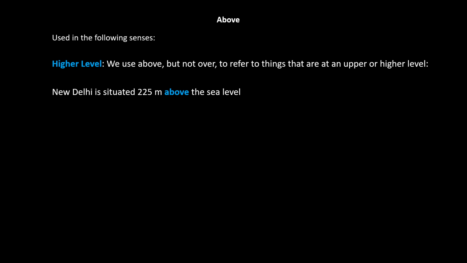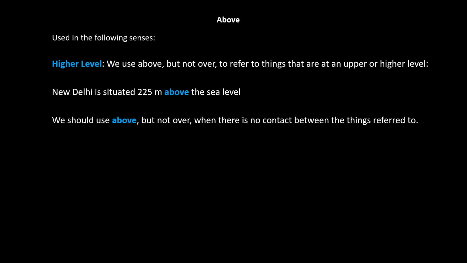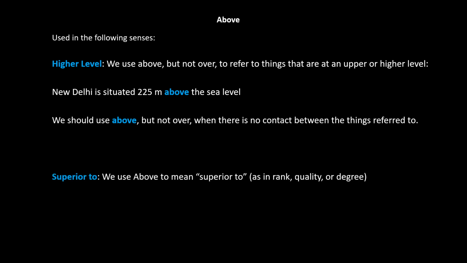We should use above when there is no contact between the things we refer to. Also, we use above to mean superior to, as in rank or in quality or degree. We never use over to mean higher level or higher in rank. For example, God is above all things. It means God is superior to all things.